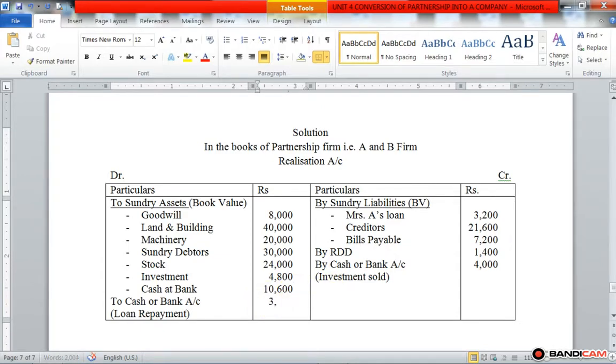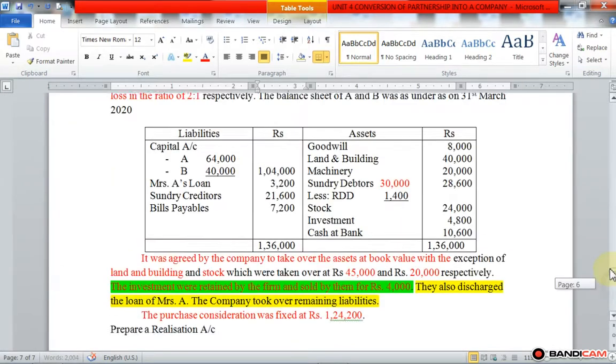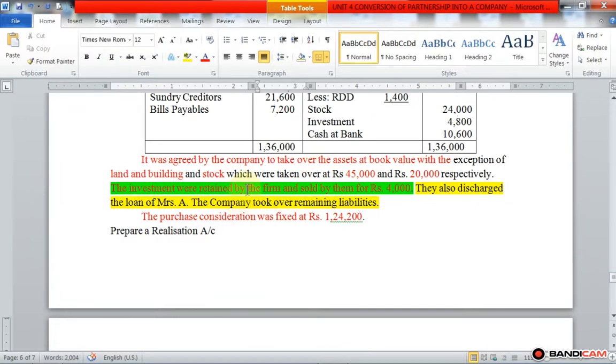Okay, got it. So we consider here all the additional information which relates to the realization account.